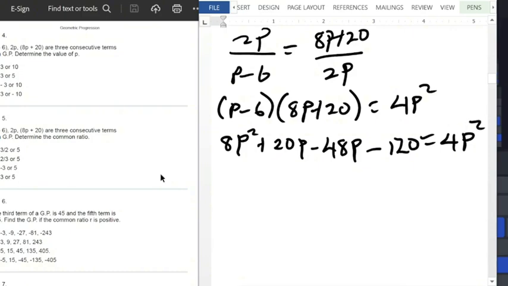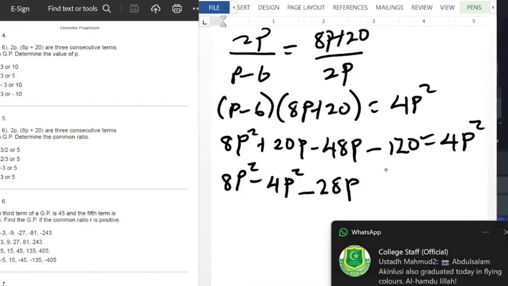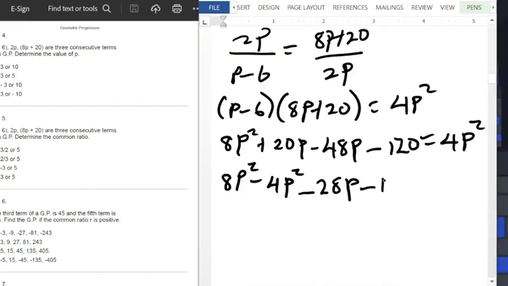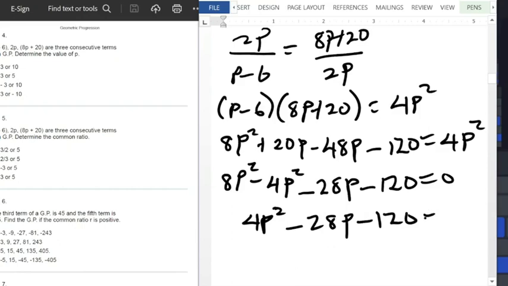So it's going to be 8P squared minus 4P squared, minus 28P, that is 20 minus 48, that is minus 28P, minus 120 equals 0. So we now have 4P squared minus 28P minus 120 equals 0.